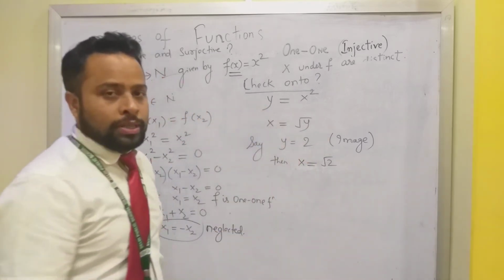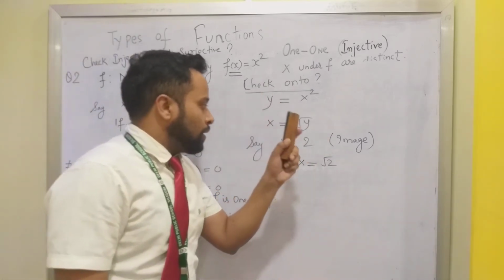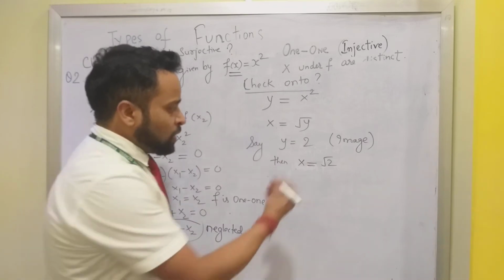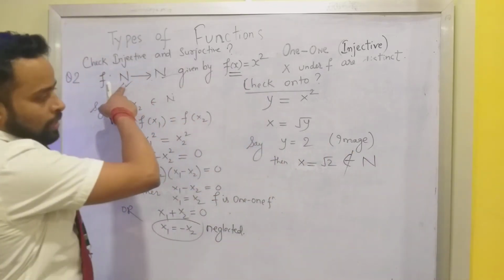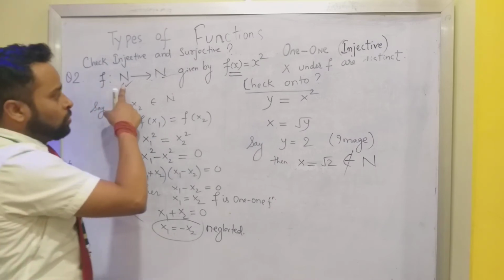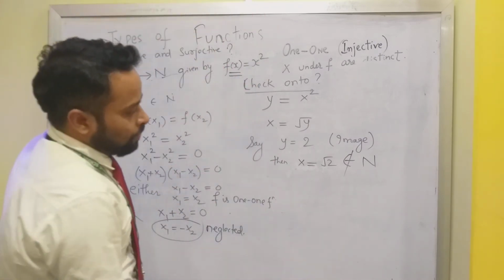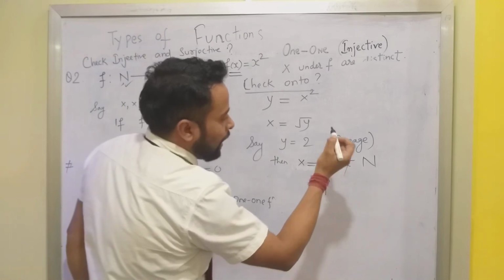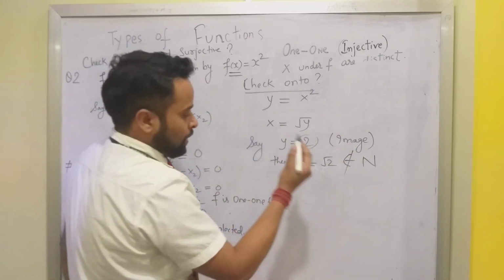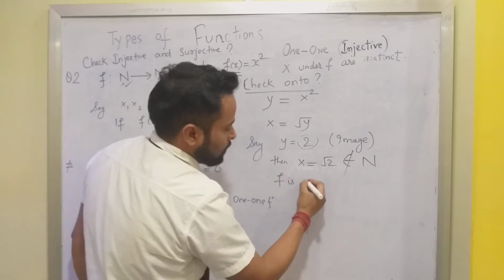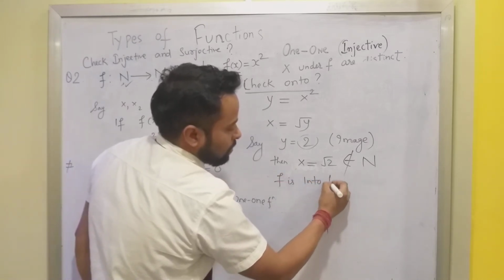Root over 2 is the pre-image of the image 2, which does not belong to our set of natural numbers. I am restricted to 1, 2, 3, 4 up to infinity. So I have an image 2 whose pre-image is not there. That is why f is an into function.